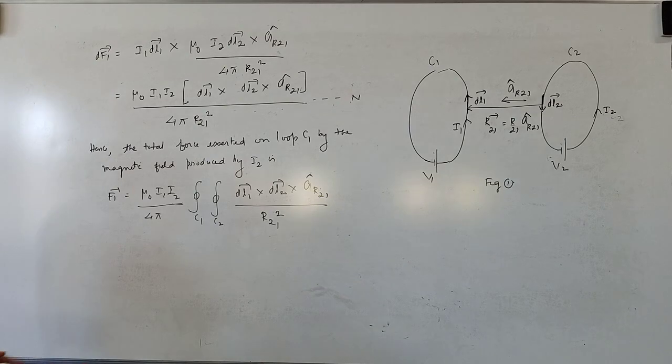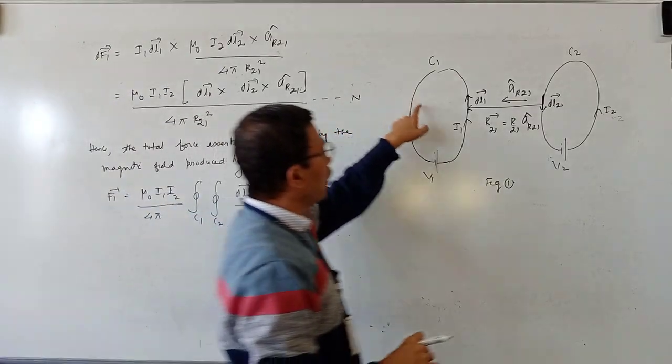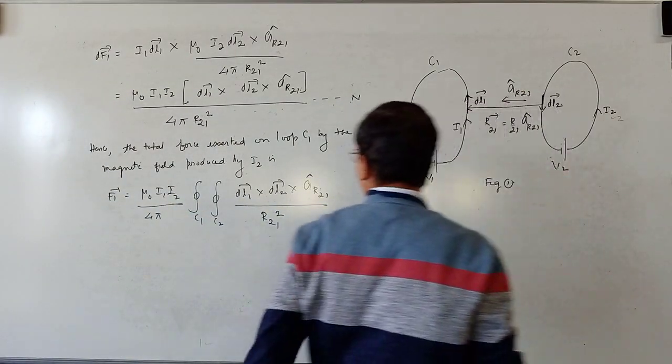This is the expression for force exerted on loop C1 by the magnetic field produced by the current I2.